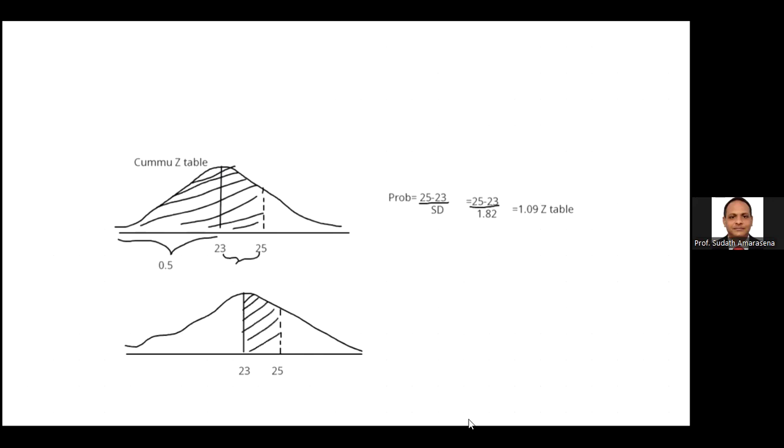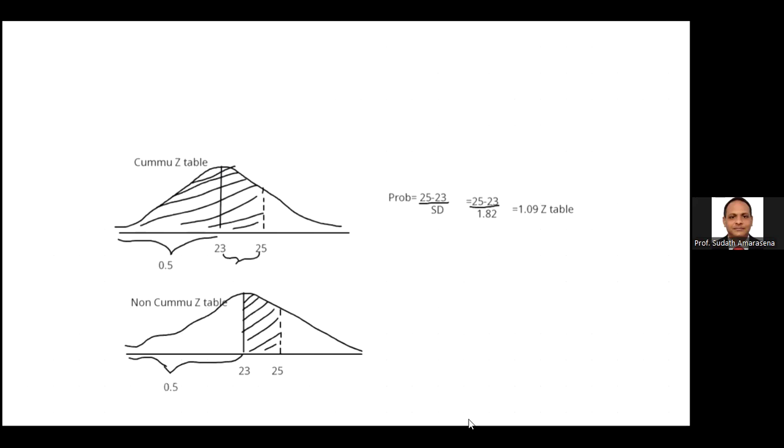Why does the top of the table mention non-cumulative Z table? Sometimes it is not mentioned in words, but they shade that area only, without this 0.5. Previous one, cumulative, including the 0.5, we can get the figure straightforward. But here without the 0.5, we can get the answer from the Z table.